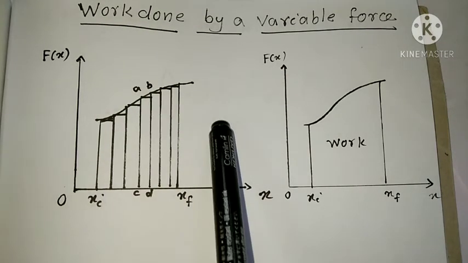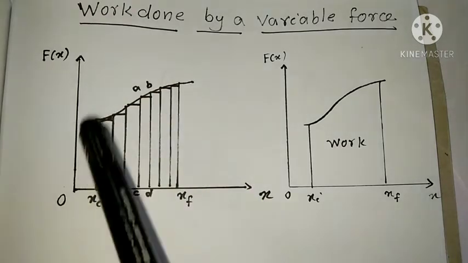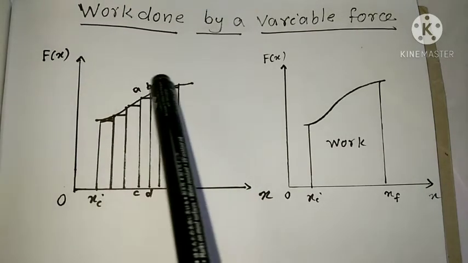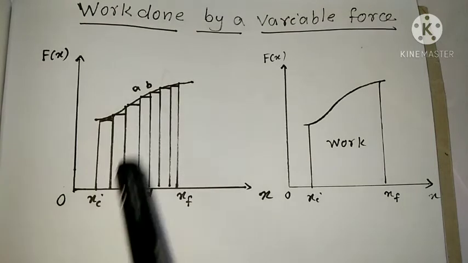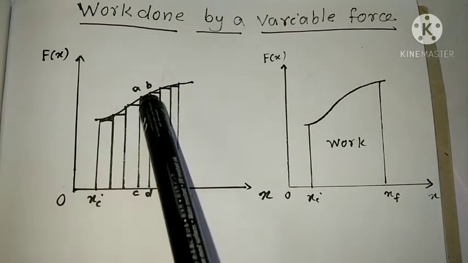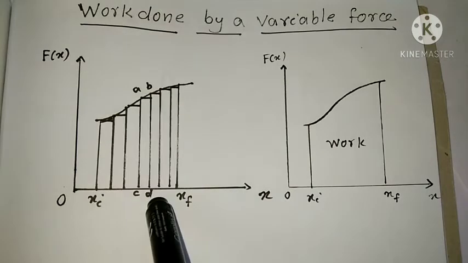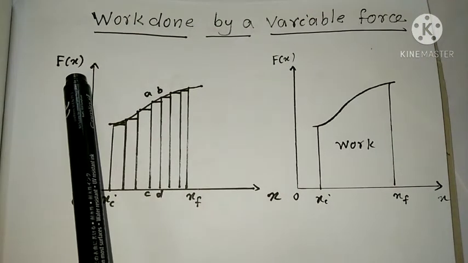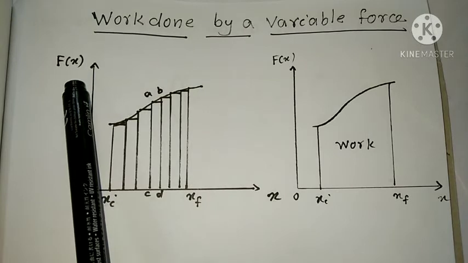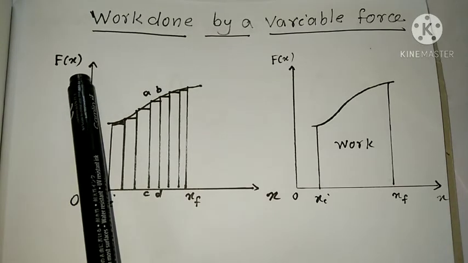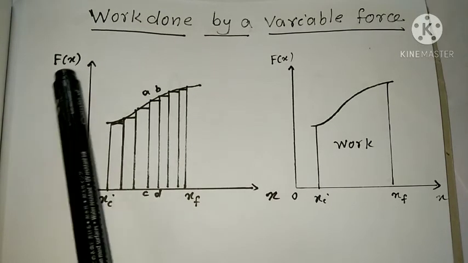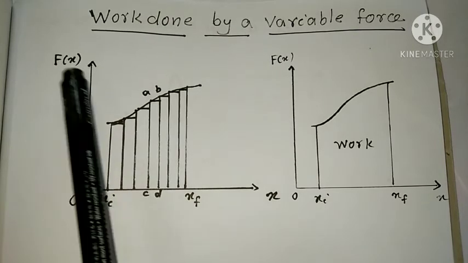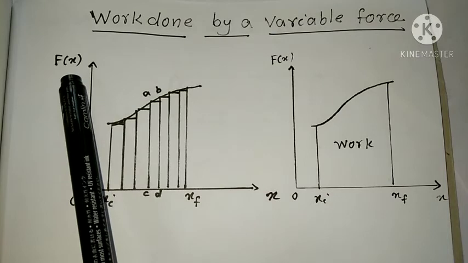This represents that at every point the force is changing with respect to the displacement. So we can say that force is a function of displacement, which we write as f of x.